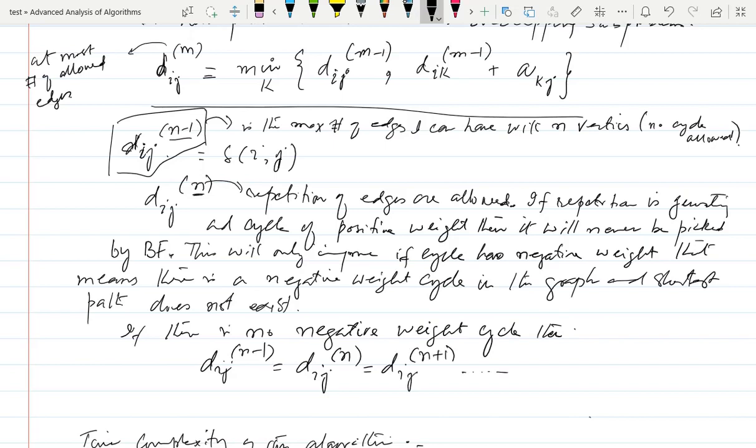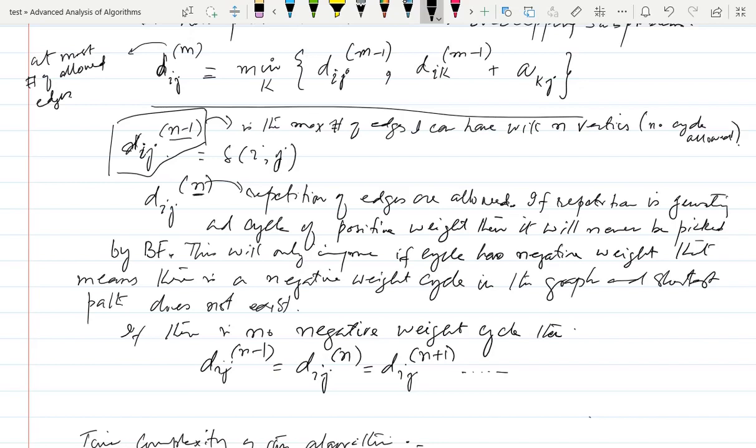Why is that? Because if you are allowing more and more edges, yes, you are allowing it, but adding those edges will not have any positive impact on the shortest path, then we will never go towards it. Remember that superscript n means we are talking about at most. We are not forcing it that it has to use n, rather we are saying that you have the option of using from 1 till n.